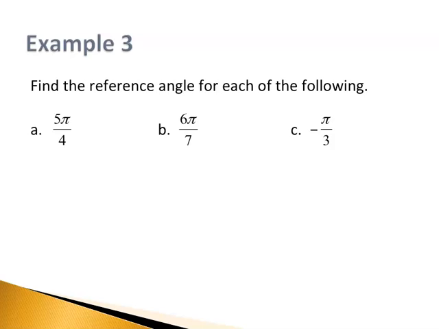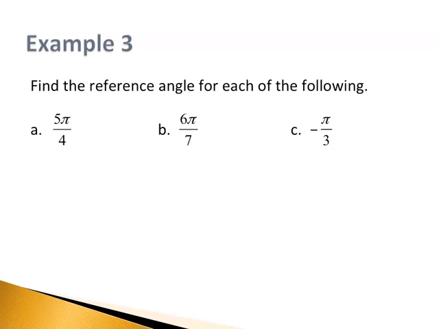So let's start with 5 pi over 4. Now again, we're going to try to avoid converting something into degrees and then drawing it in and then converting it back into radians. The more we get used to thinking about things in radians, the easier it will be to do these calculations. So 5 pi over 4, let's think of this again in terms of pi and 2 pi.